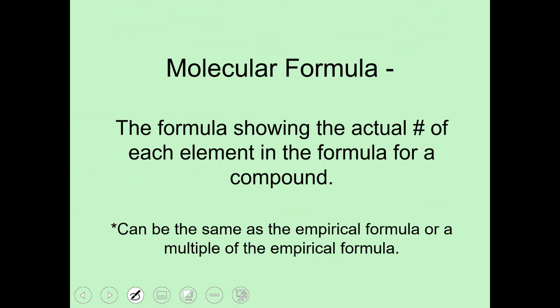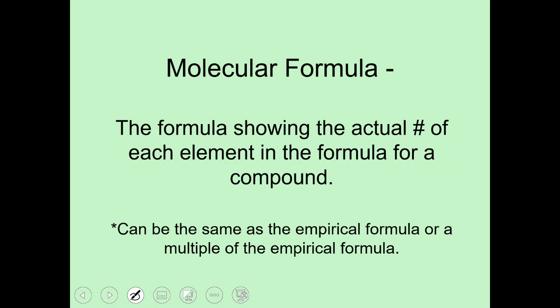Well, that's the formula showing the actual number of each element that's in the compound, okay? So sometimes that's the same thing, like the water, or another one is carbon dioxide, right? CO2 is the simplest form, but that's also the actual formula for a molecule of carbon dioxide. Other times, it is a multiple of the empirical.